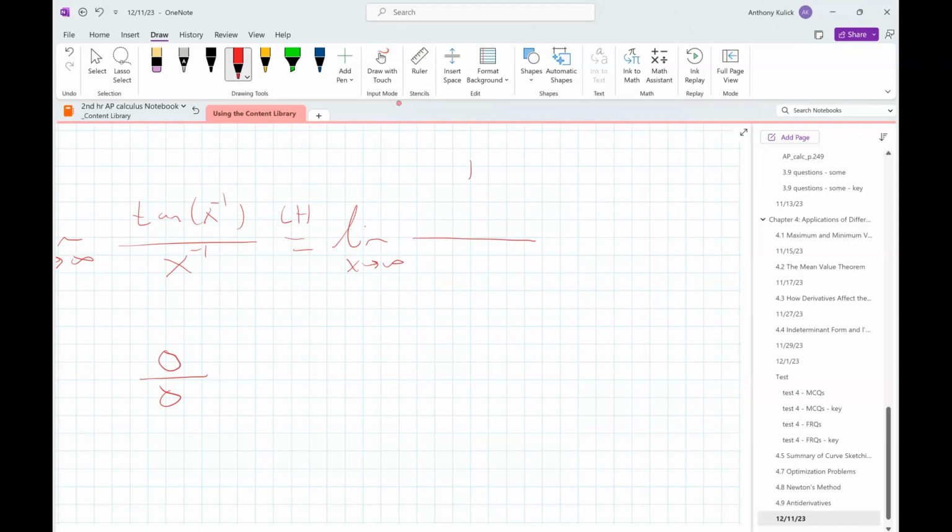It's 1 over 1 plus x squared. Yeah. And then we also have, because it's a chain rule, it's going to be times the derivative of x to the negative 1, which is that.